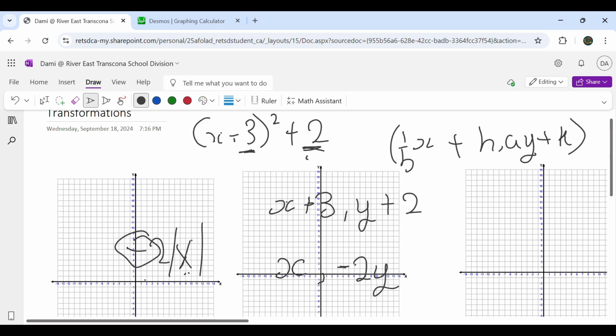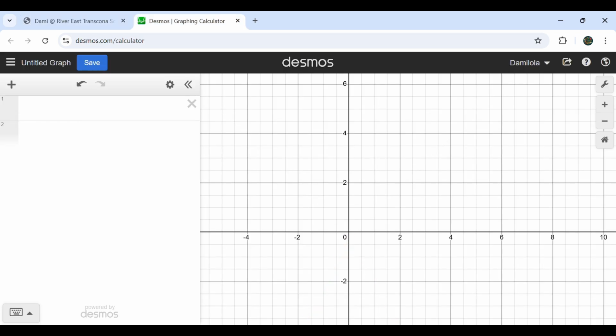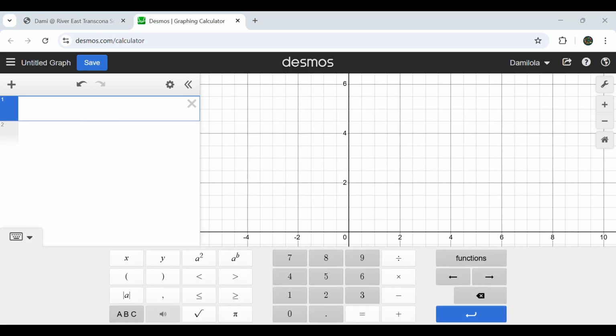Let's look at another one. We're going to look at the square root function, I believe is what it's called. A function where you take the square root. I'm going to show you an example of a square root function.